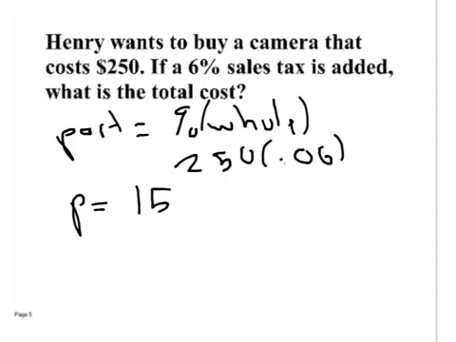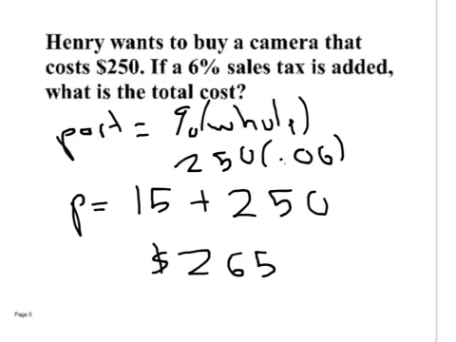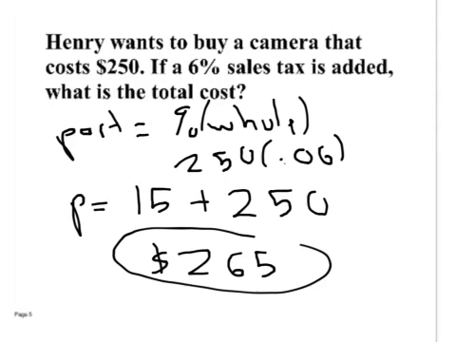No. What we do is we take the part and we add 250 to it. We add the whole to it. That gives us a total cost of $265. And that's exactly what the cash register does at a store. It multiplies by the tax and adds it to the whole.